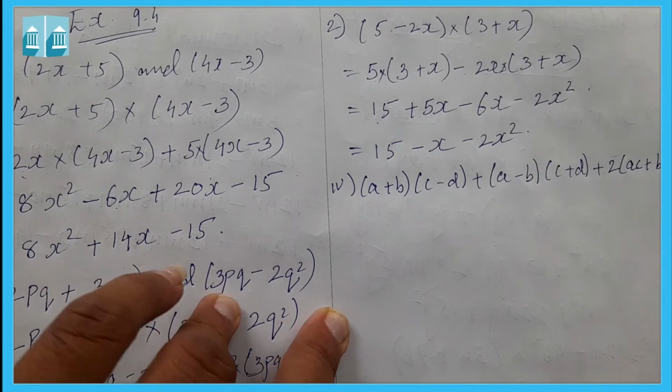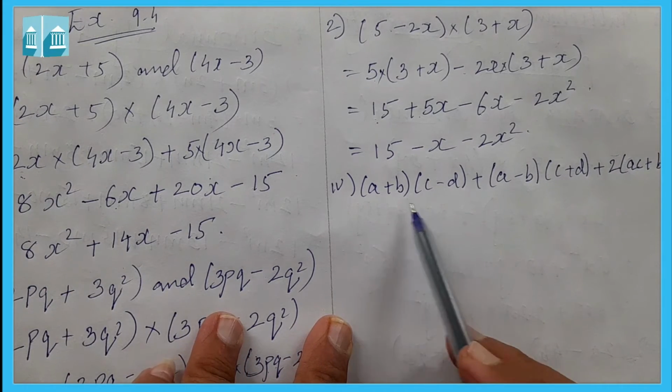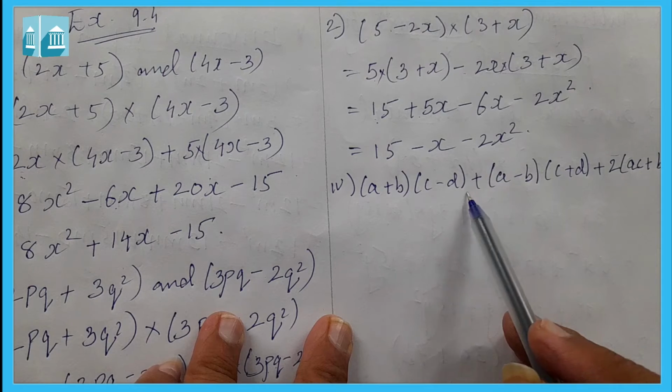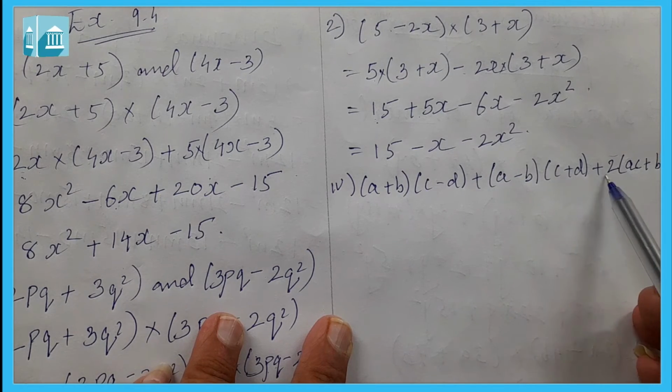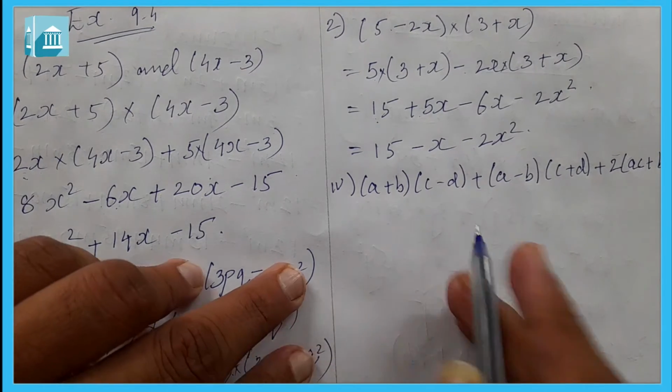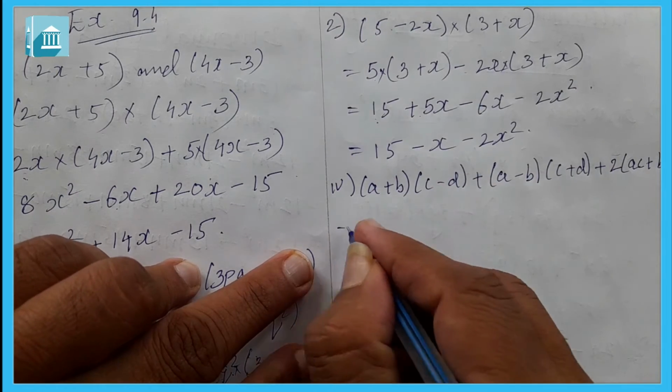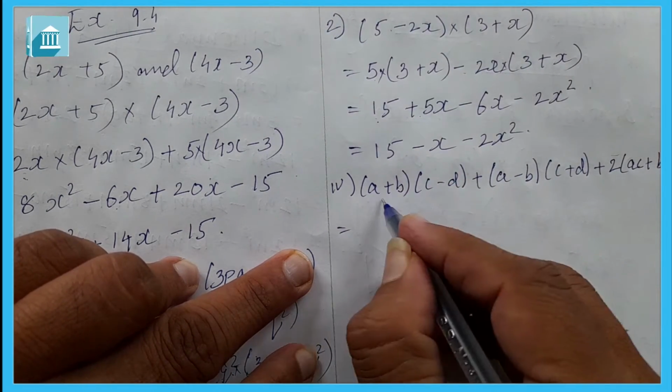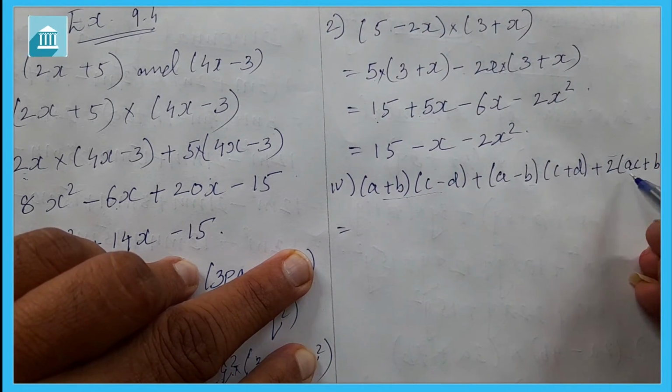So first we are going to simplify it. That is, first we multiply this, then we multiply this, and then this.